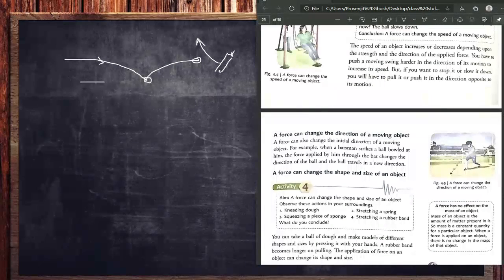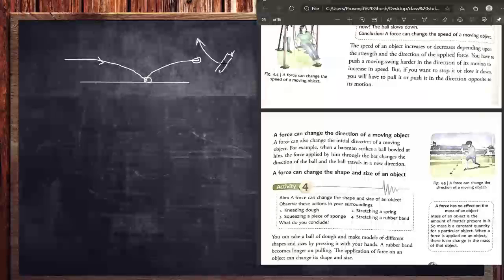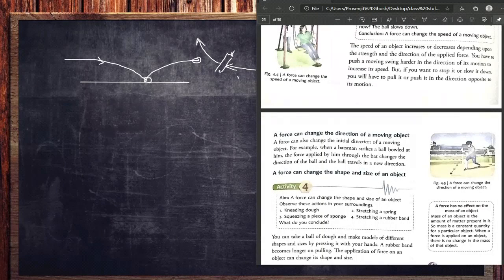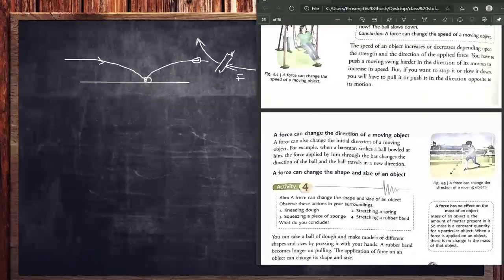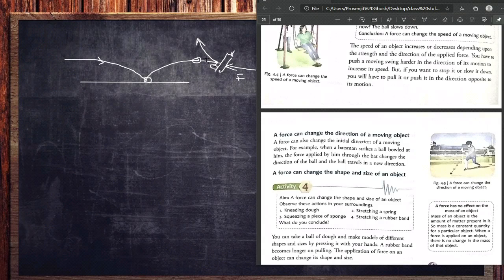It touches the ground, comes towards the batsman, and the batsman gives a force to it. The ball is coming in this direction, but the batsman changed the direction of the ball by hitting it, or I should say, by applying some force.